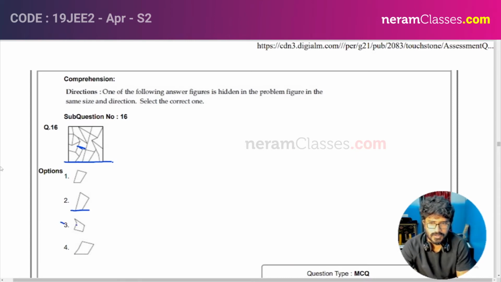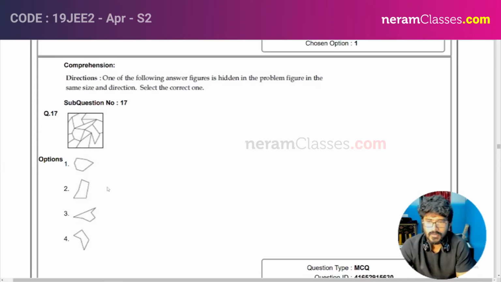So 3 is also a wrong answer. Next is option 4. We can take this line and try to find out whether there is any line parallel to this. Here you can see you don't find this shape below such a line. So option 4 is also a wrong answer. The right answer is option 1, which you can find here. Option 1 is the right answer.